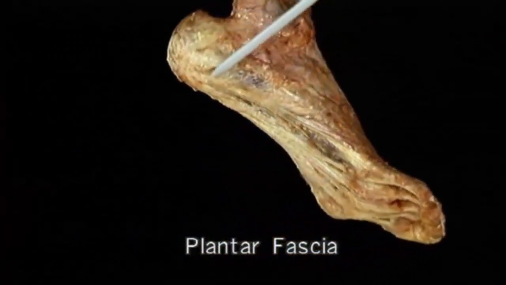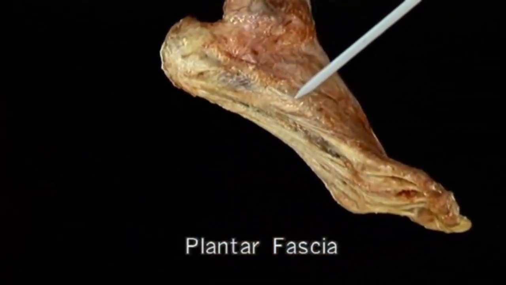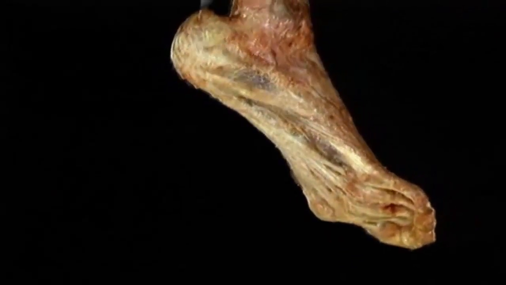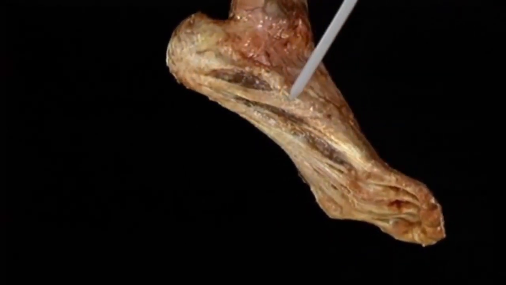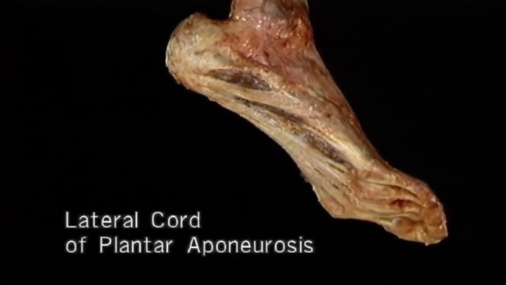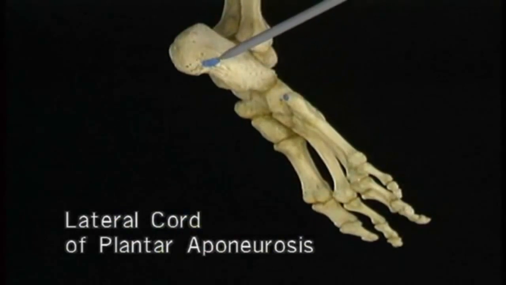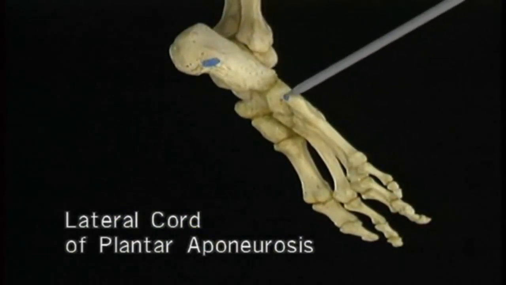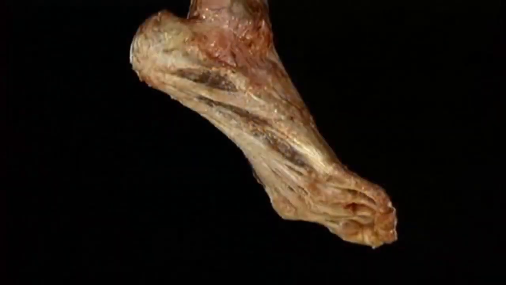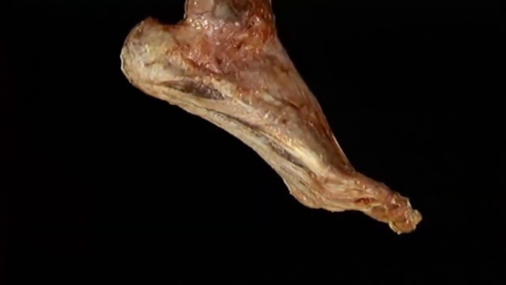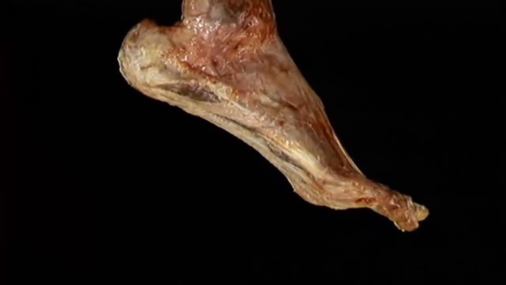On the lateral side, it covers abductor digiti minimi. Here on the lateral side, there's a marked thickening of the plantar fascia called the lateral cord of the plantar aponeurosis, which goes from here on the calcaneus to here on the base of the fifth metatarsal. The lateral cord of the plantar aponeurosis helps to support the longitudinal arch of the foot on the lateral side.